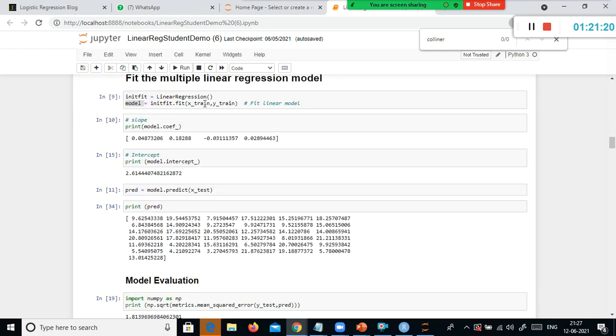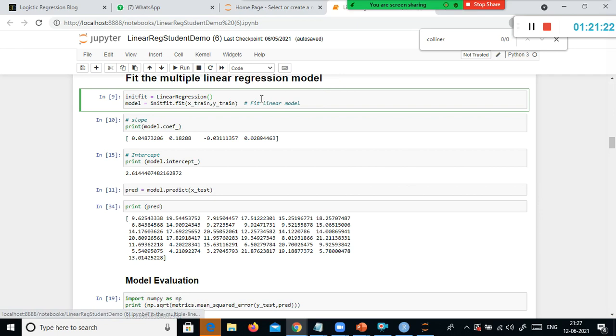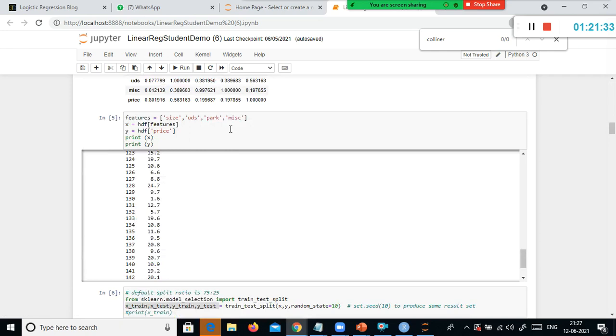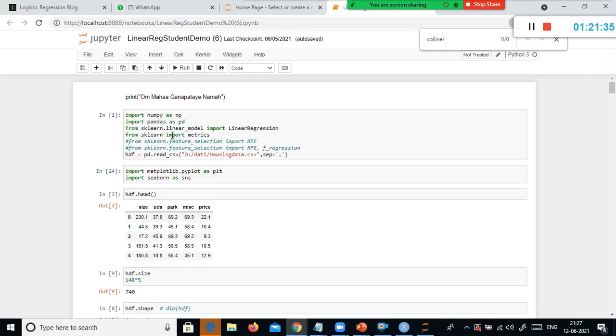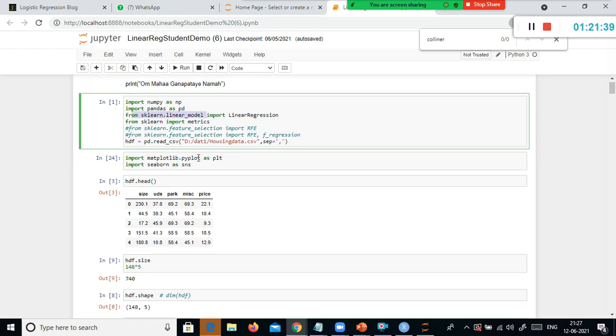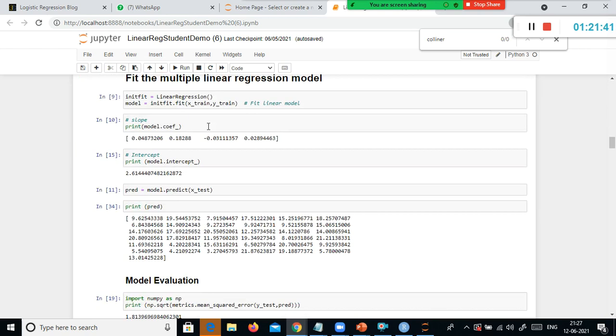Okay, and finally you need to fit the linear regression model. Here I created an instance of linear regression. You have something called LinearRegression, a method available as part of sklearn. If you look at the top, I imported LinearRegression from this package. That's how I created an instance.